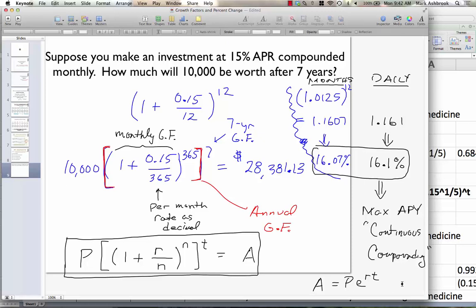And so it's based on this number E, which is called the natural base.